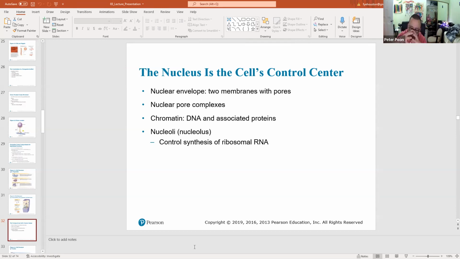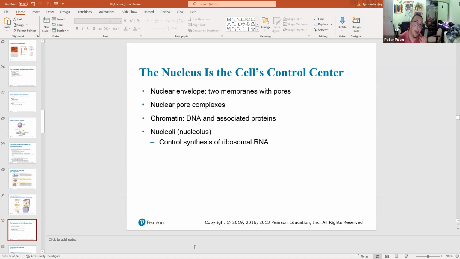The DNA and protein, the chromatin, is actually surrounded by a nuclear envelope. An envelope is another lipid bilayer, but this one is much tighter and doesn't allow anything through. It's like a security fence. It doesn't allow anything through.